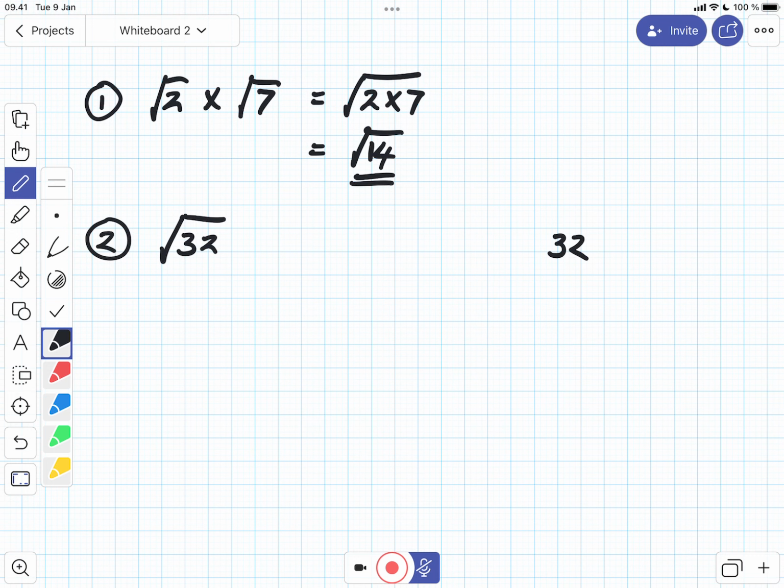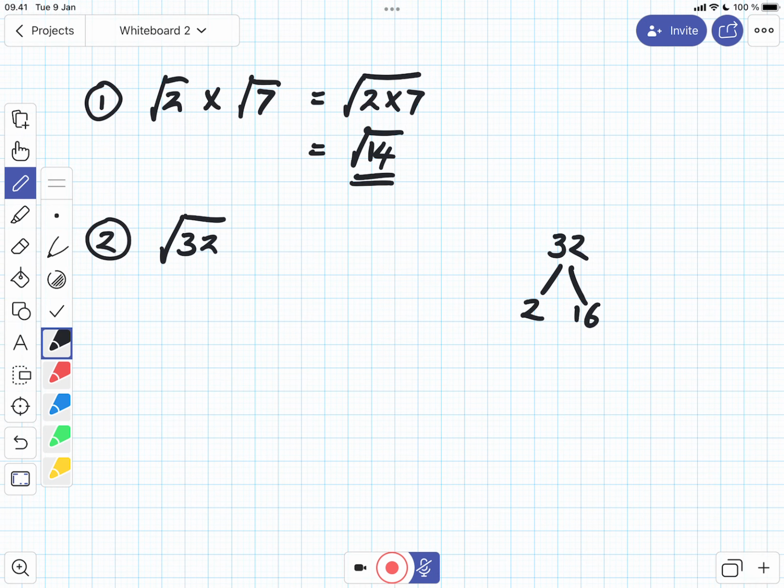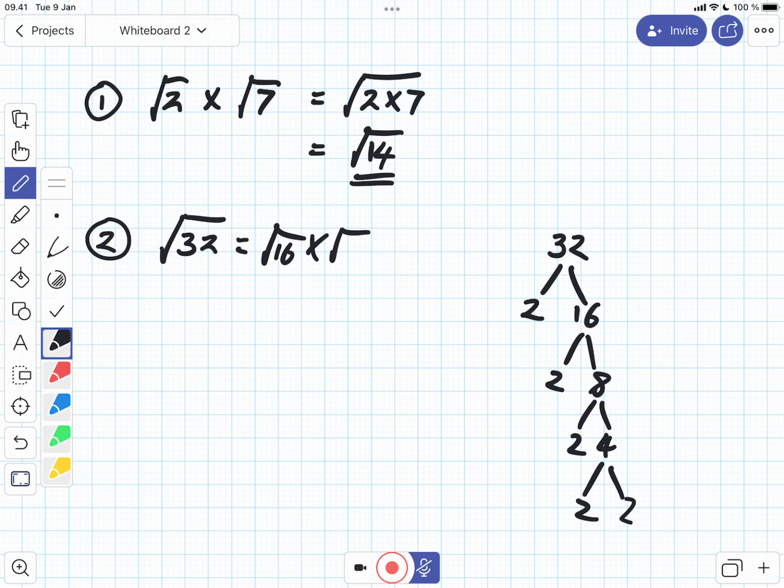If you remember factor trees, 32 is 2 times 16. 16 is 2 times, not 2 times 2, but 2 times 8. 8 is 2 times 4, and 4 is 2 times 2. So in other words, the square root of 32 is the same as the square root of 16 times the square root of 2.